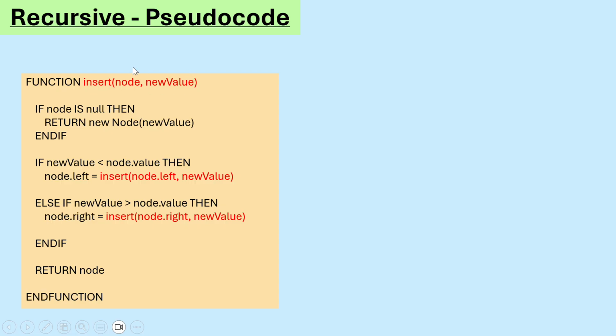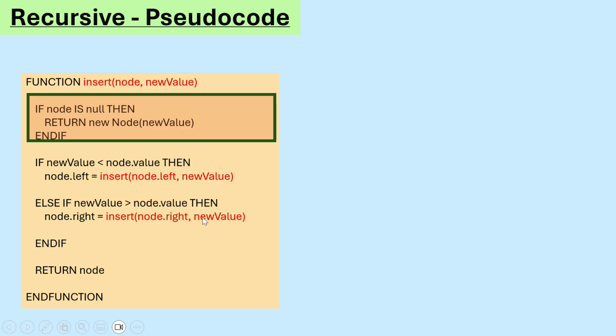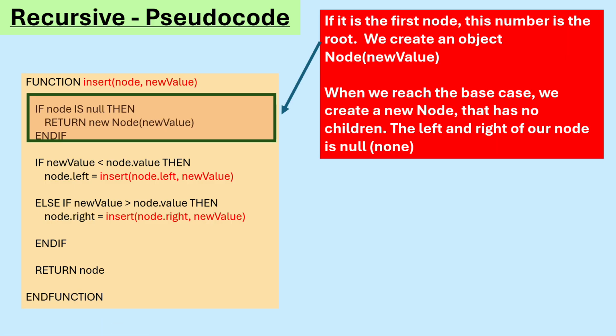So there's insert node value, insert node.left new value, insert node.right new value. There is a base case, and the first node that we insert in our binary search tree is actually going to be the root. And that's going to be whatever the value we want to put in.